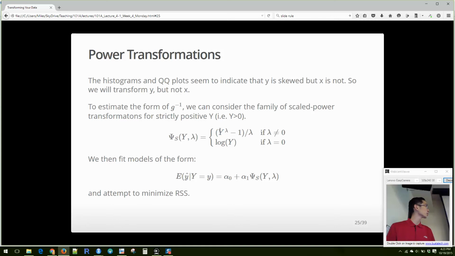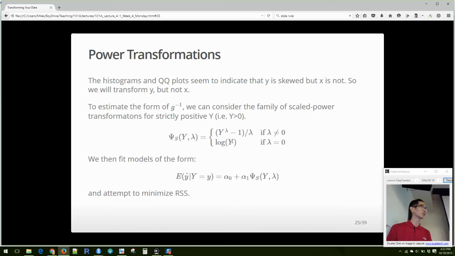The reason we have it in this form is because, as lambda goes to 0, I don't know if you guys remember from calculus, y to the lambda minus 1 over lambda will turn into the log of y.